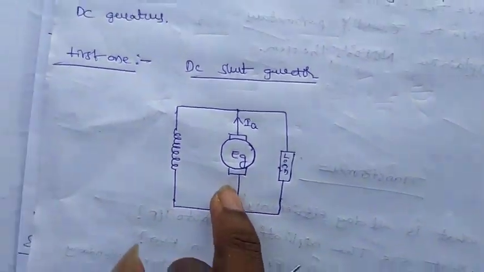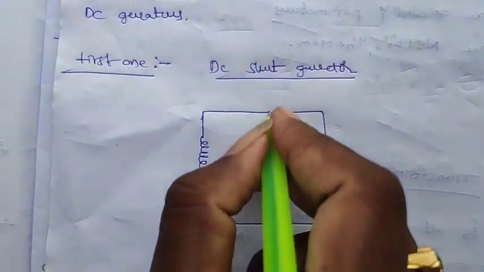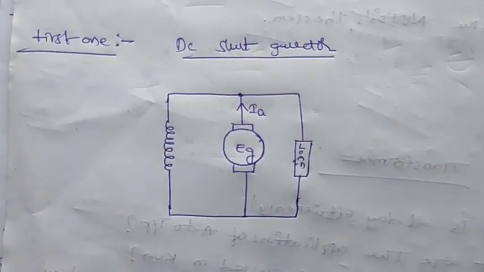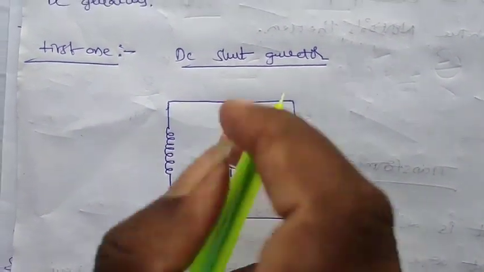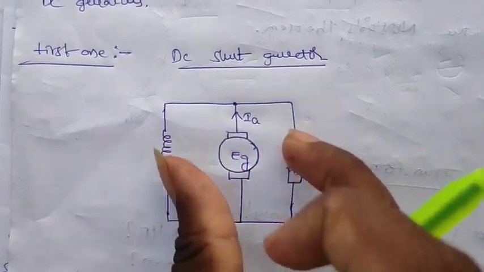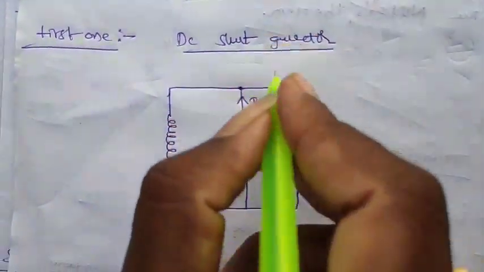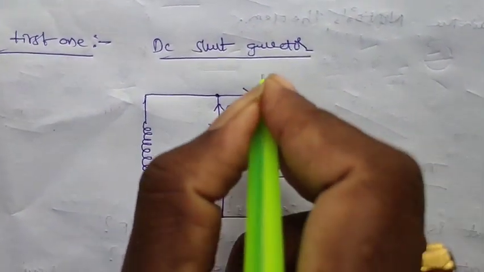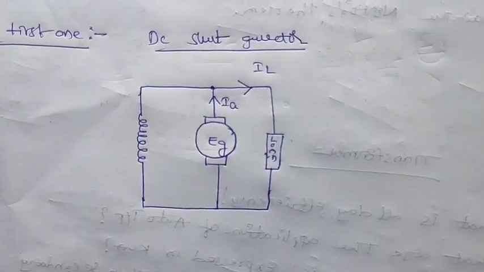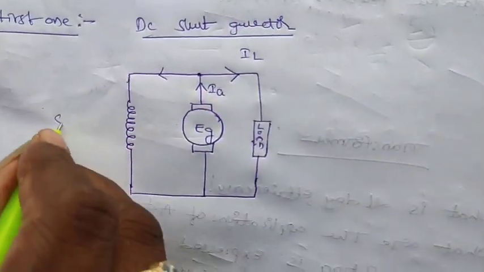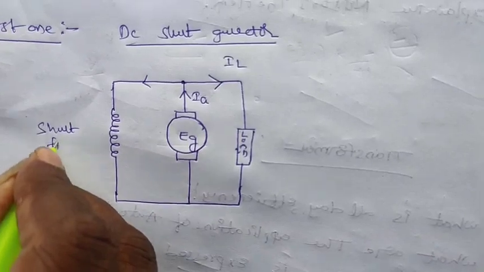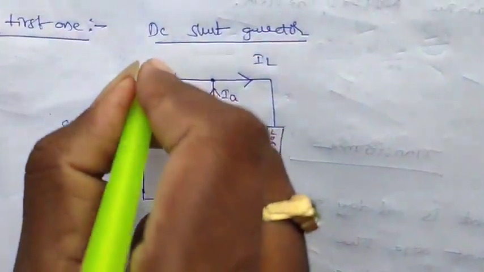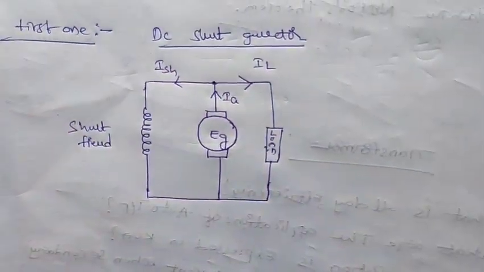This one is armature current. The current can be distributed into two sections, like for example, water is delivered in two sections. So it is the load section, that is IL. That is the shunt field current, ISH.